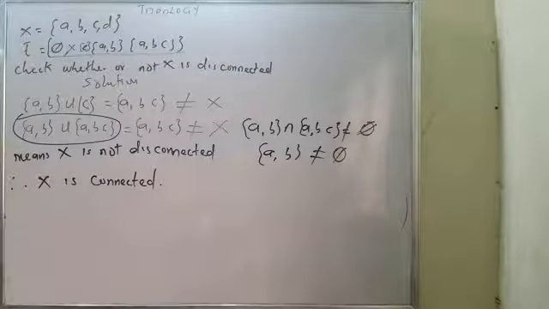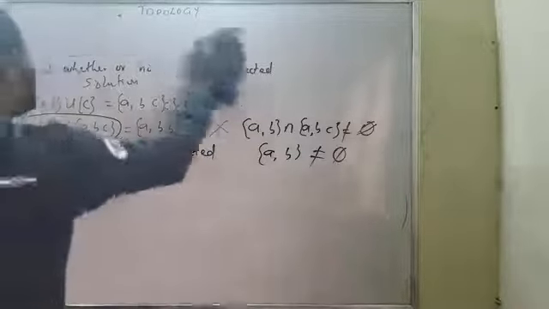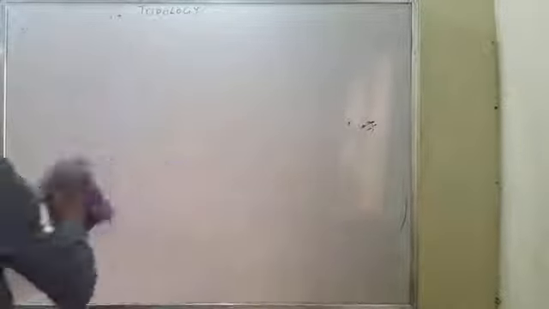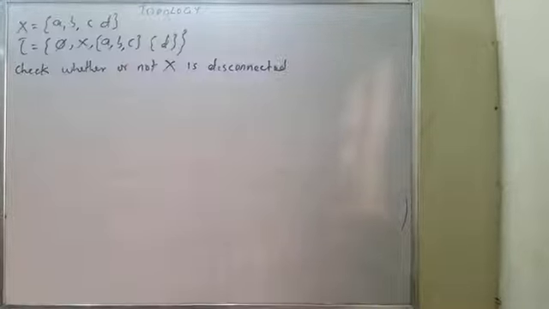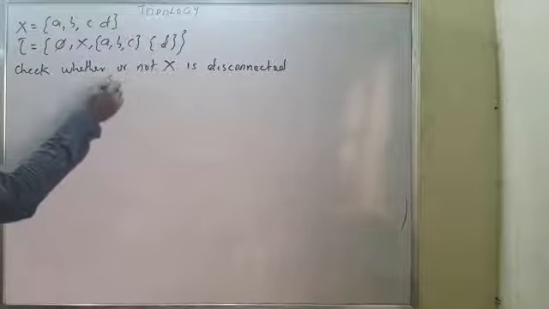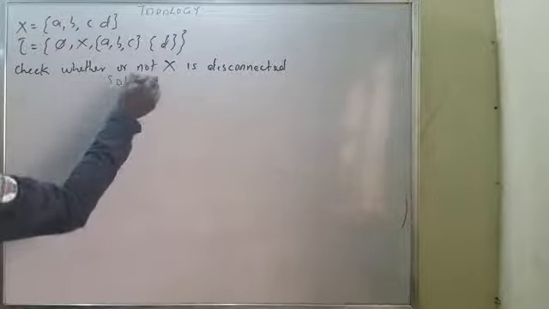Now, let me show another example before I end this video. Okay, look at this given example also. It's a very nice one that is very simple also. Now, solution to this problem. How do I go?